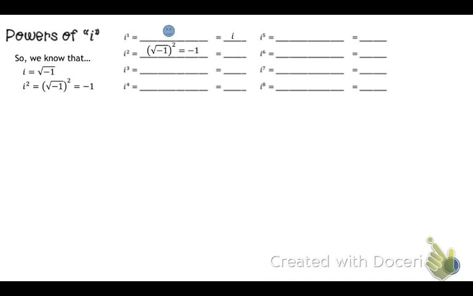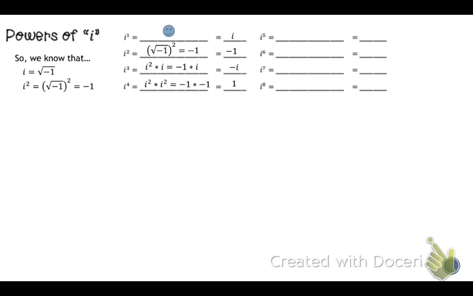So i squared equals -1. i cubed, that's the same as i squared times i, which would be -1 times i, which is -i. Now i to the fourth, that's i squared times i squared, which would be -1 times -1, which is +1.